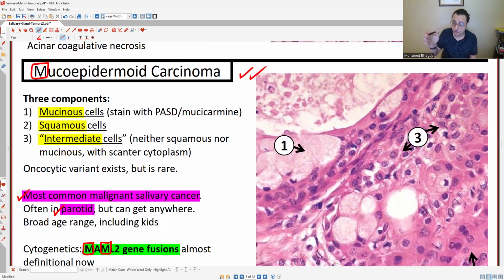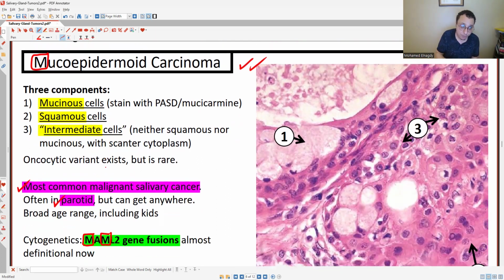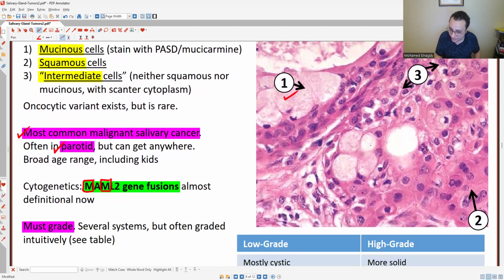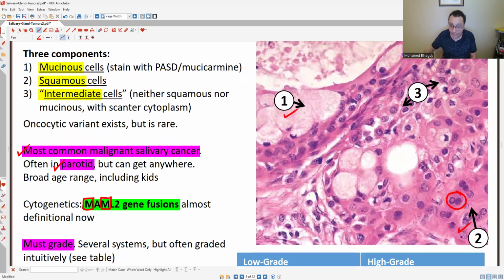And the name of the tumor kind of dictates the histology, because when you see muco, this means that you are having mucinous cells. Epidermoid, which has epidermal-like cells, which are the epithelial cell component, which look like epidermis, epidermoid. And then you have some kind of intermediate cells, which don't look really mucinous, or really epidermoid, or really squamous.